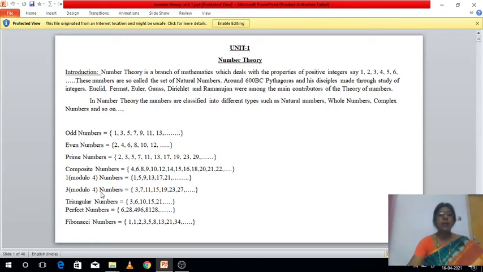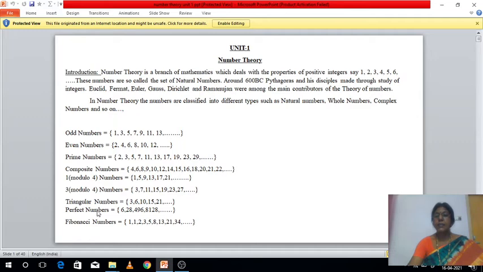Similarly, 3 modulo 4 numbers: start with 3 and add 4 to get the next number. Now we have 3, 7, 11, 15 and so on. Now we see the triangular numbers: 3, 6, 10, 15, 21 and so on. Then perfect numbers.